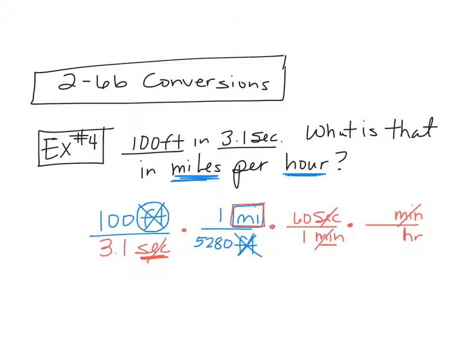It would be 60 minutes for 1 hour. Okay, so look at what has canceled. We're done with feet, we're done with seconds, and then we're done with our minutes. So we now have hours on bottom and miles on top. The question was, put it into miles per hour, so we've done that now. You just need to simplify.